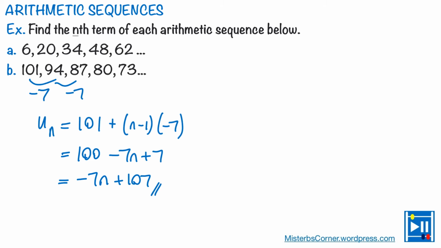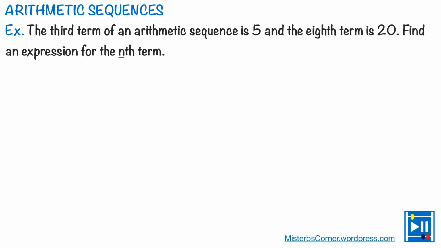One last example. The third term of an arithmetic sequence is 5 and the eighth term is 20. So the question is, find an expression for the nth term. We can write the third term as u3 equals a plus 3 minus 1 times d, right?